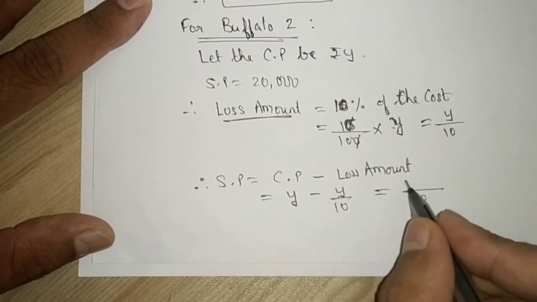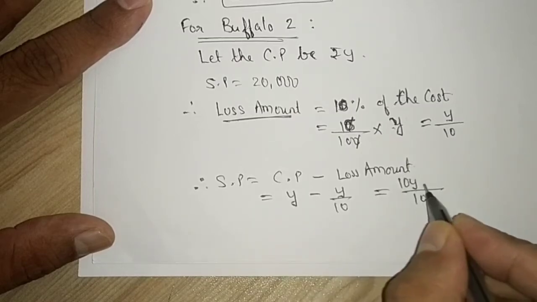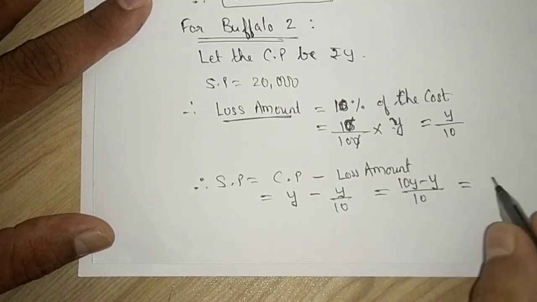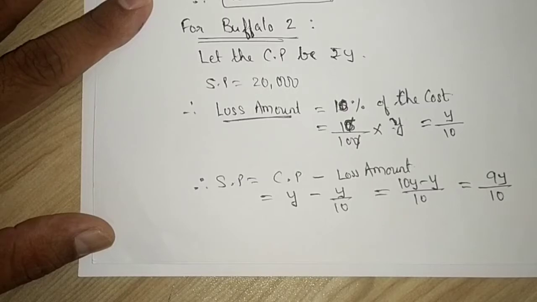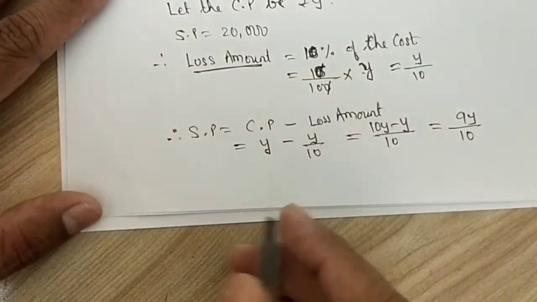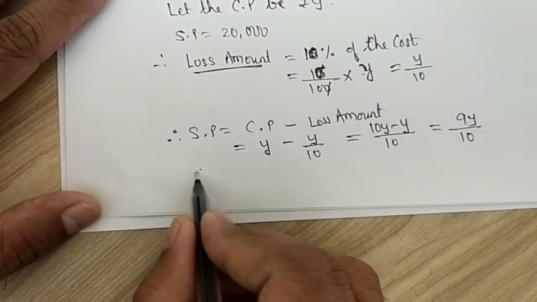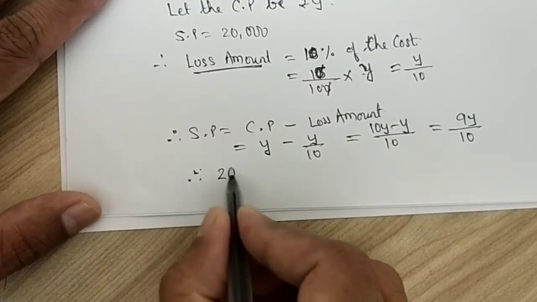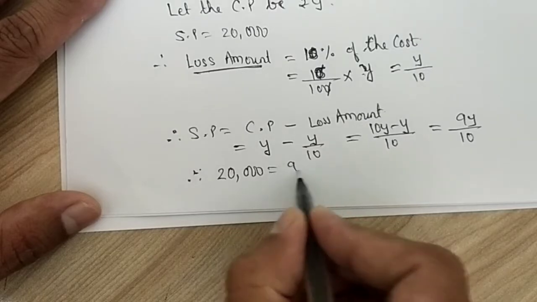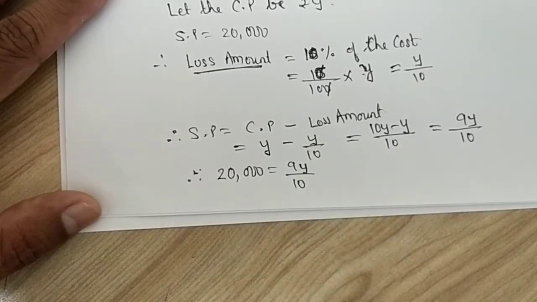So 10 ones are 10 into Y is 10Y minus Y. It will give us 9Y divided by 10. So we got SP is equal to 9Y divided by 10, but we also have selling price, that is 20,000, is equal to 9Y divided by 10.